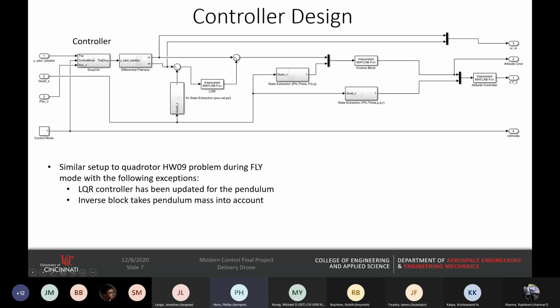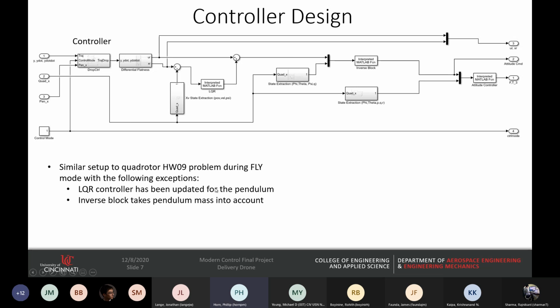Looking at the controller, this is pretty similar to what we did in homework 9 for our final quadrotor project, in that we have this attitude controller, which is informed by the inverse block, and that's informed by an LQR controller that's going to prioritize the position, velocity, and accelerations of the trajectory.